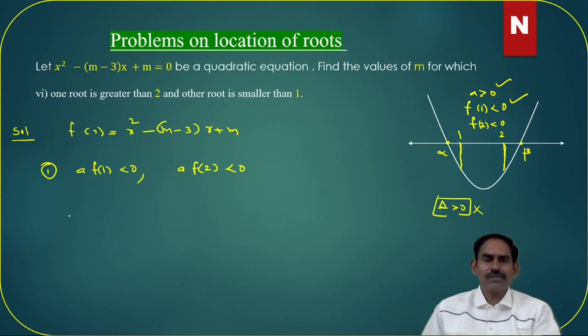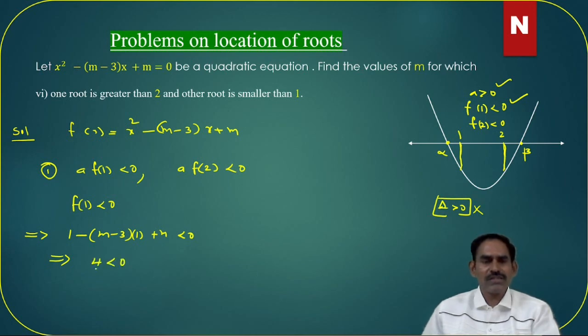Okay, so a is 1, f of 1 is less than 0. By substituting x as 1, 1 minus m minus 3 into 1 plus m less than 0. This implies plus m, minus m gets cancelled. 4 less than 0. 4 less than 0 is impossible.